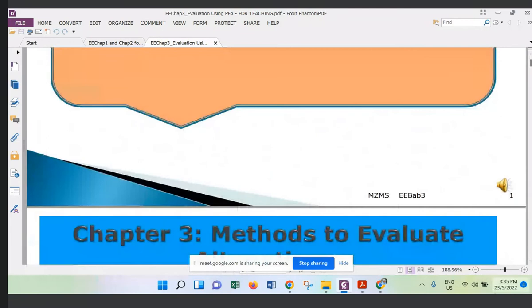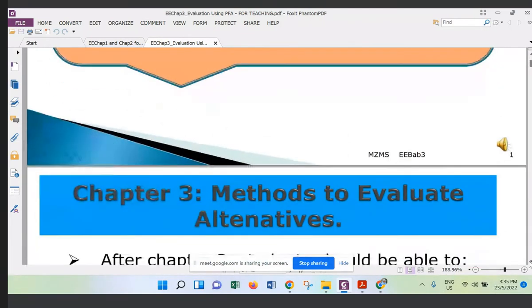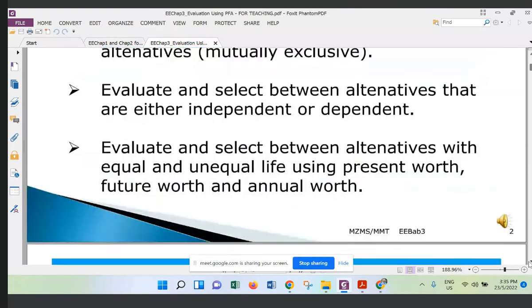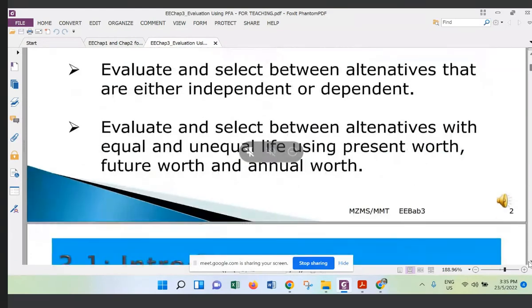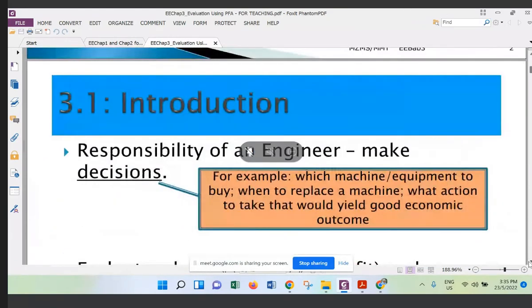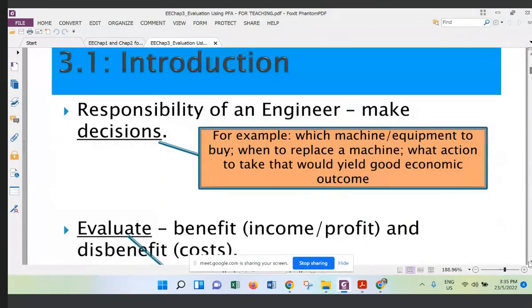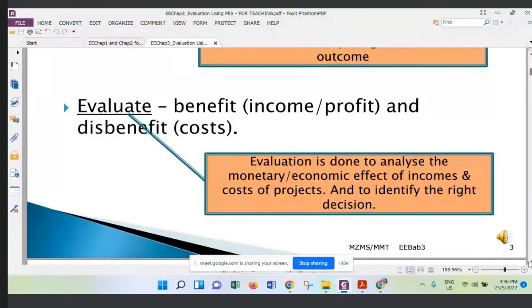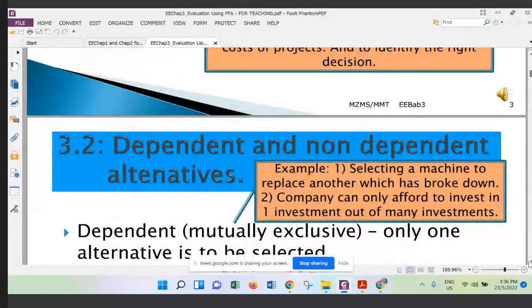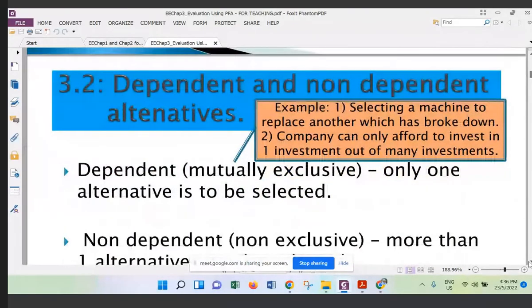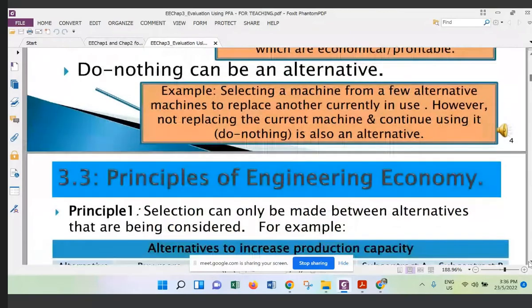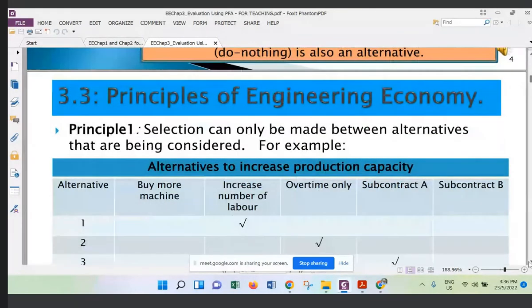In this chapter 3, you are going to be exposed to the methods to evaluate alternatives. These notes are self-explanatory; I don't even have to explain to you. You can understand by yourself by reading through all the notes.